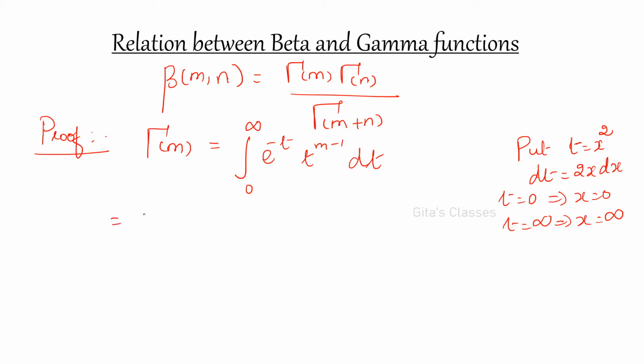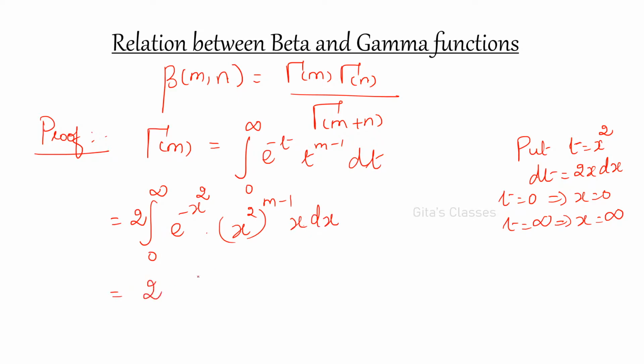Therefore, gamma of m is equal to the integral from 0 to infinity of e power minus t, and t is x squared, so e power minus x squared into t power m minus 1, that is x squared the whole power m minus 1, into dt, which is 2x dx. I write the 2 outside.